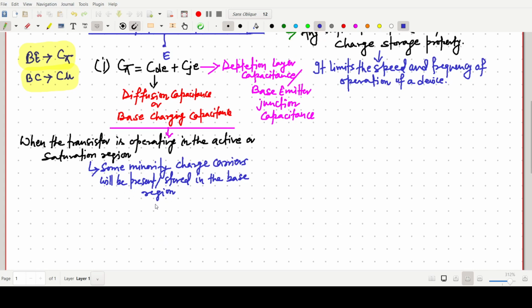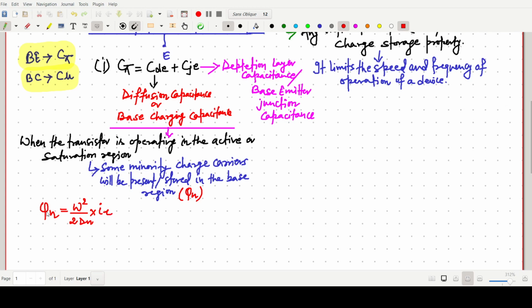The value of the minority charge carrier stored in this base region is say Qn. That is nothing but simply equal to W square by twice Dn into IC. This formula I am directly taking from the microelectronics book.